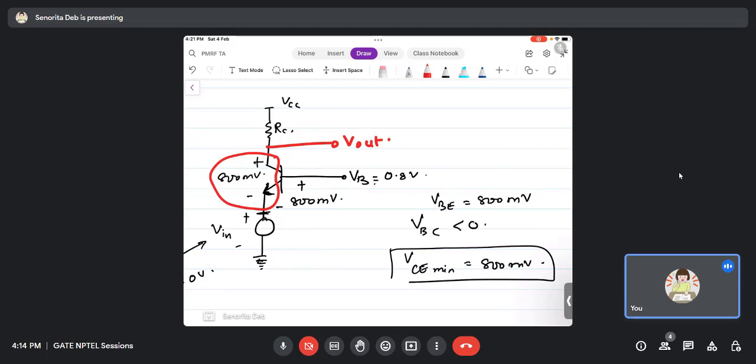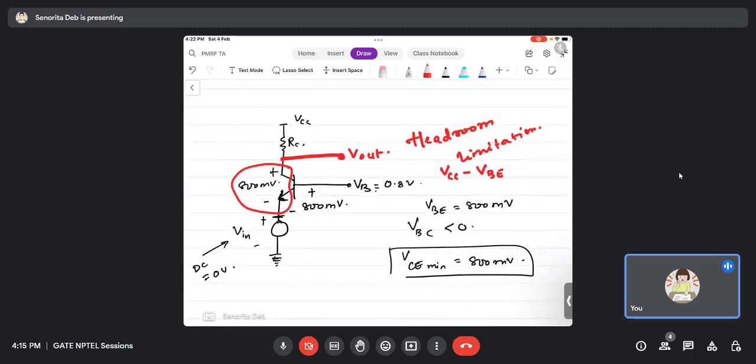So there is a headroom limitation, because Vout will be equal to VCC minus whatever is the drop across RC, right? So I can write VCC minus VBE can be the drop across RC, and this is what is actually going to limit my Vout as well, because the drop across RC has to be less than or equal to that.